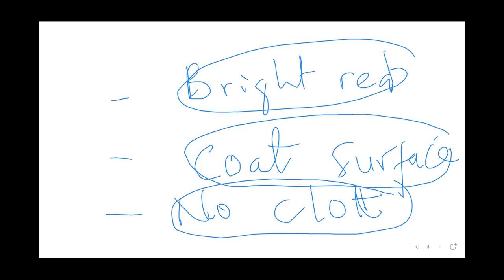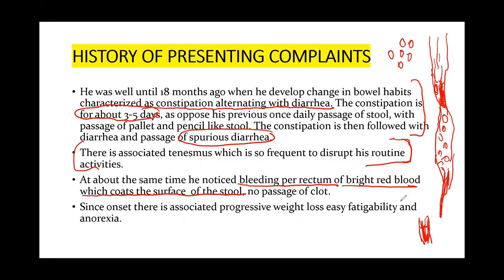Now, at about the same time, he noticed bleeding per rectum of bright red blood, which coats the surface of the stool, no passage of clot. Coating the surface of the stool, at the same time, patients have tenesmus. In your exams, they will be asking you from your history what suggests rectal tumor.